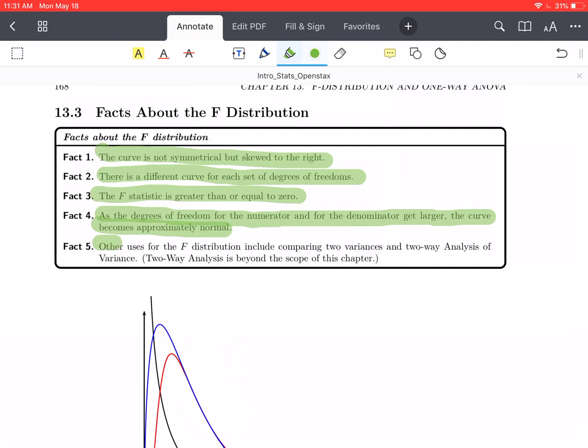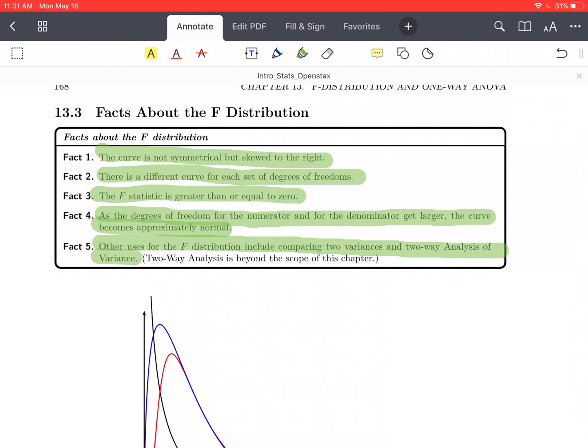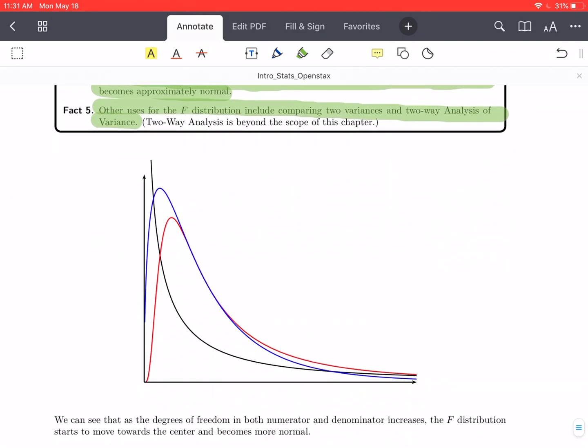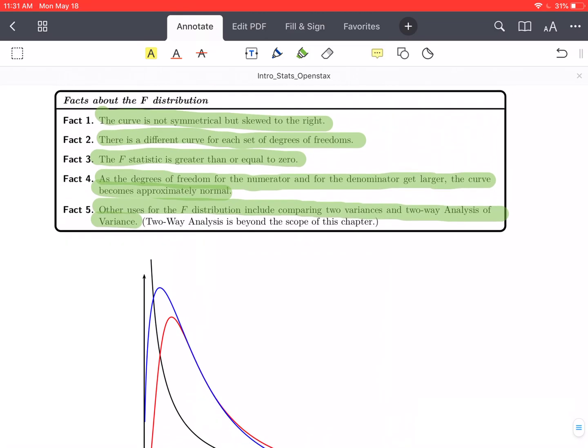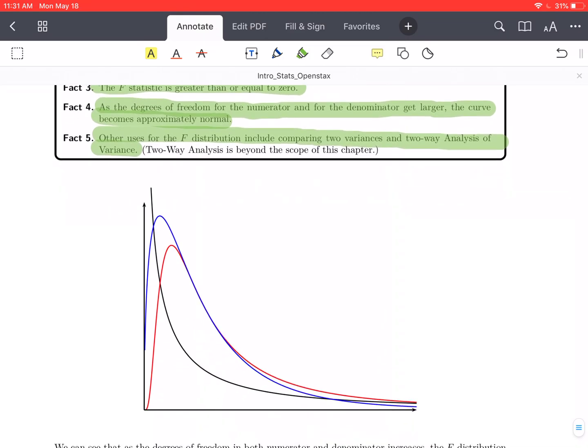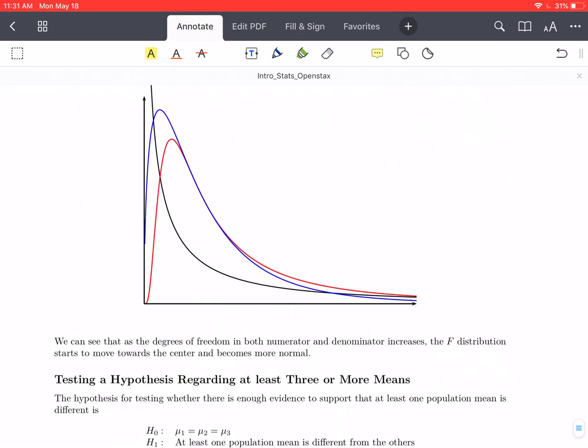Other uses for the F distribution include comparing two variances and two-way analysis of variance, but we're not going to get into all of that. Basically, the F distribution behaves like chi-square, so a lot of these properties are the same, but it is slightly different. There's a little more going on here in the F distribution.